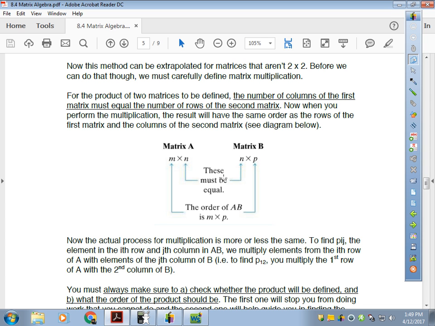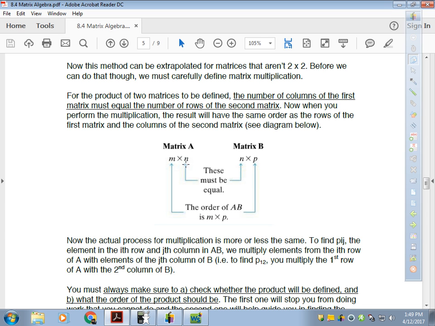If these inner numbers here are equal, in this case n is equal to n, then you can do the multiplication. When you do the multiplication, the size of your answer comes from the outer numbers. So your answer is going to be m by p.